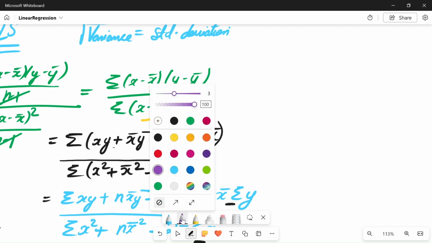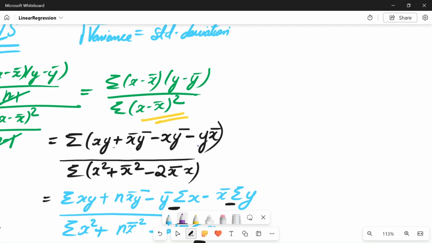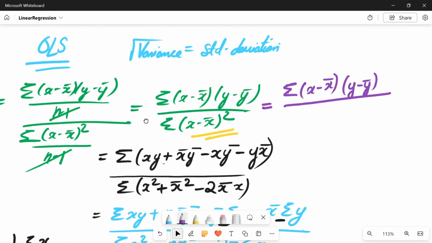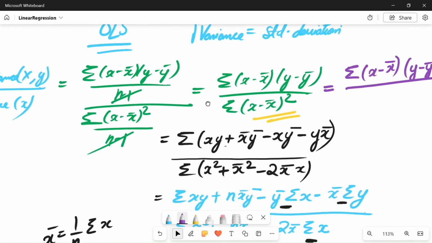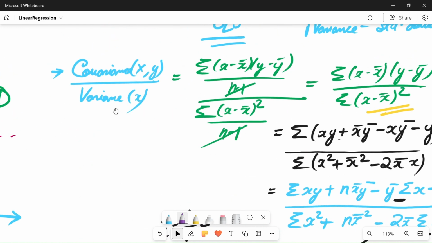Let me choose another color. The first thing that I want you to observe is that let me write this formula in a bit different way, which will be convenient for our analysis, because the kind of route that will be taken to analyze this formula will be very helpful for us. As you can see over here, we are dividing it by variance, right?